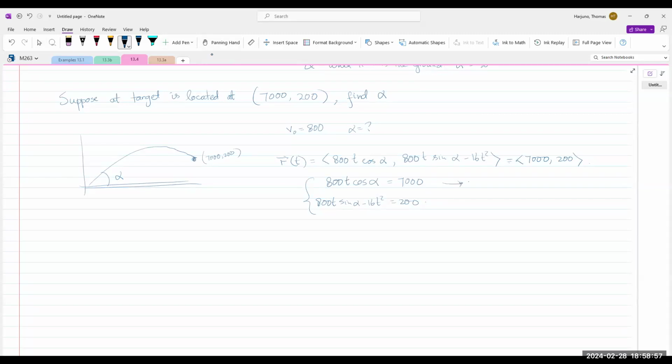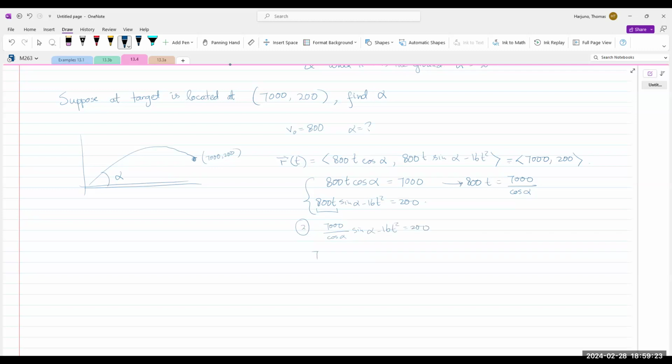It's 800t equals 7,000 over cosine alpha, right? In other words, in our second equation, we can change this part to become 7,000 over cosine alpha times sine alpha minus 16t squared equals 200.